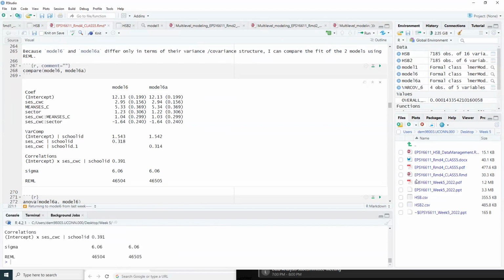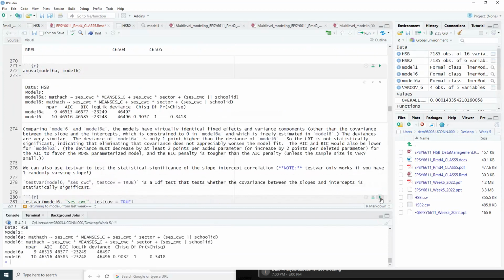So now I can run an ANOVA here. Ta-da. And here we go. When I run the ANOVA, it actually gives me the AIC and the BIC, right? So I could see here which one has the lower AIC, model 6A, which one has the lower BIC, model 6A. Here's our log likelihood, and if you multiply that by -2, you'll get the deviance, right?